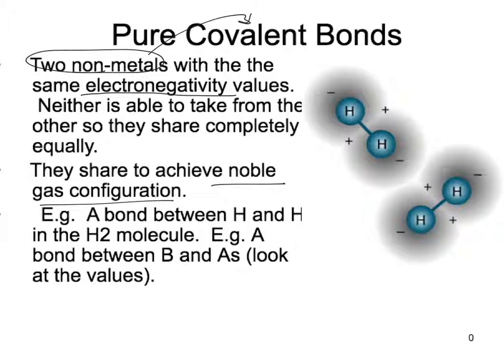So if you had a bond in the H2 molecule, you would see that they're both hydrogens, so they both have a value of 2.1, so the difference is 0. If you look up boron and astatine, I think they're both like 2. So they don't have a difference. So if you have 0 difference in electronegativity, you have what's called a purely covalent bond, but it's going to be between two nonmetals.